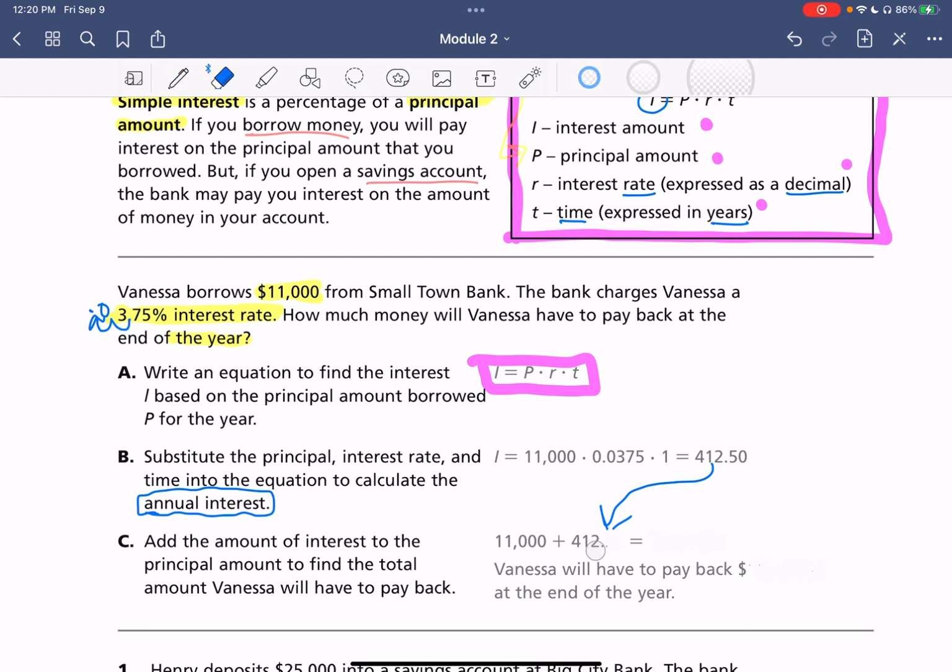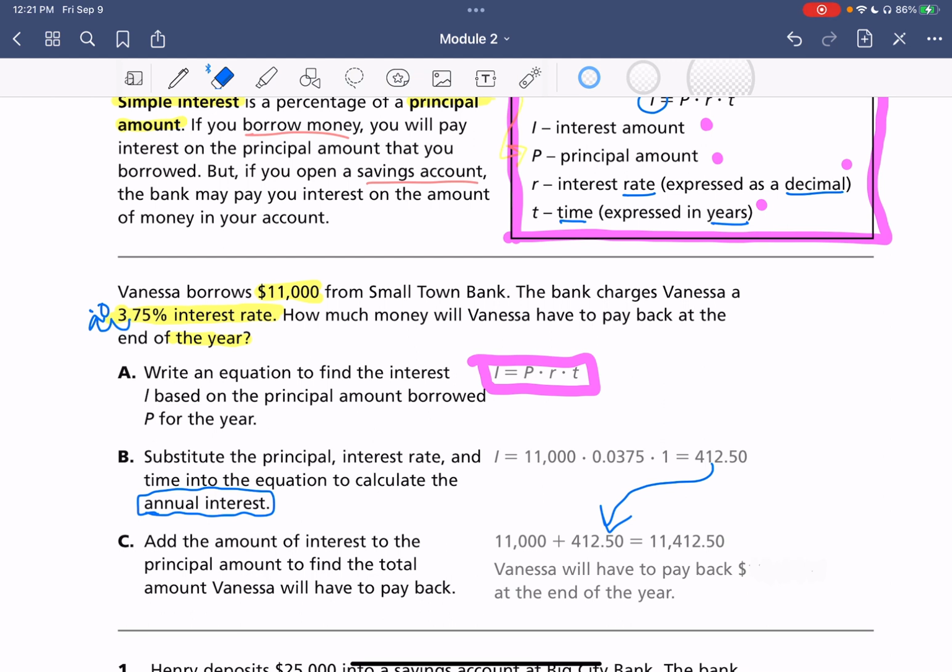And we got to add them together. Again, please pause the video. Make sure you're lining up your decimals. Unpause when you have that figured out. And your answer should be $11,412.50.